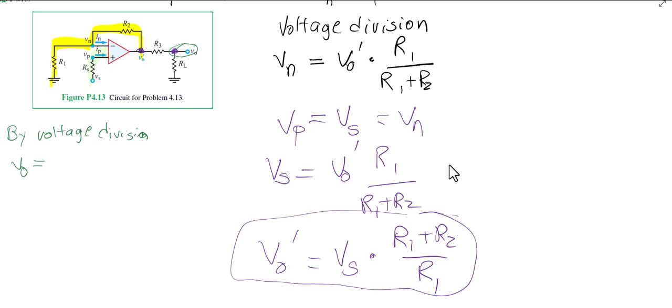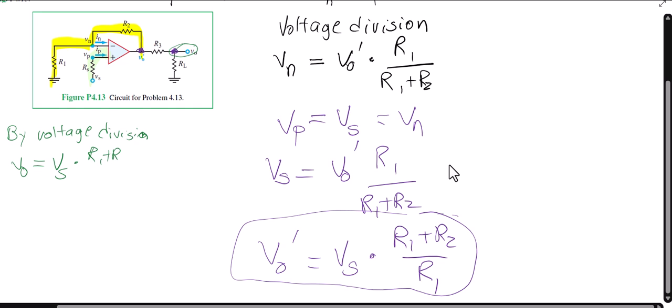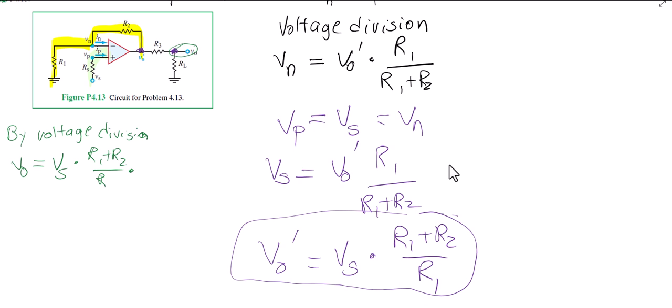VO is going to equal my total change in voltage, which is Vs times R1 plus R2 over R1, times this resistor RL over the sum of the two resistors, RL plus R3.